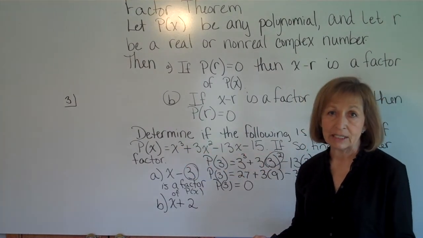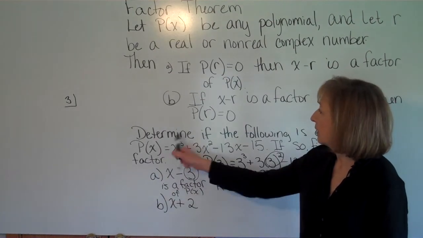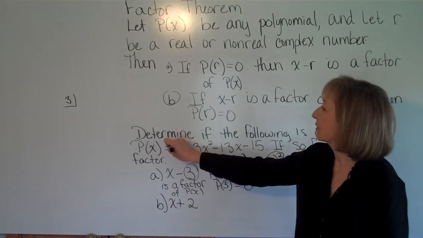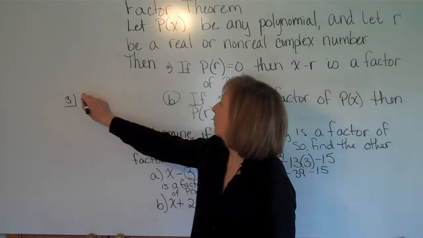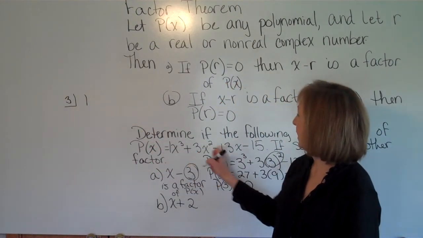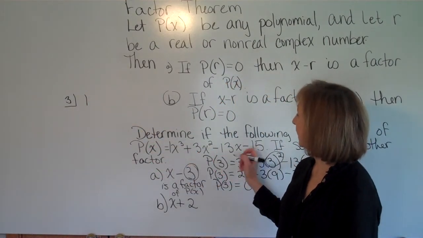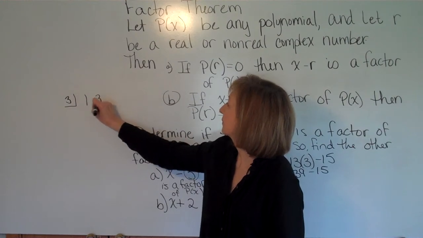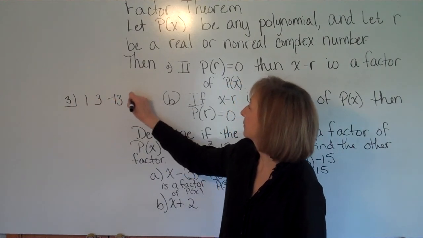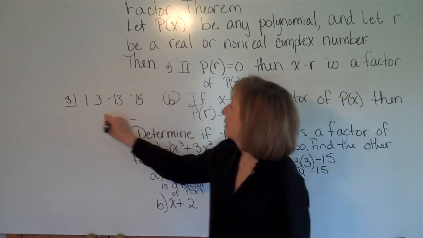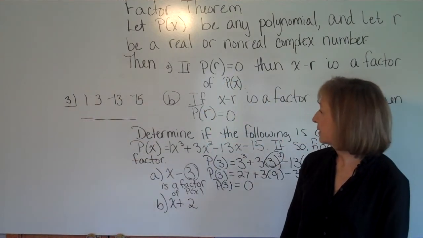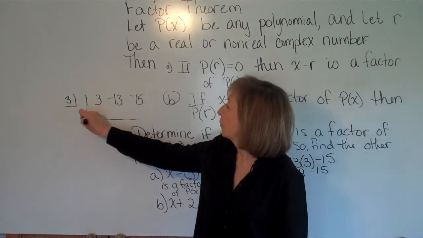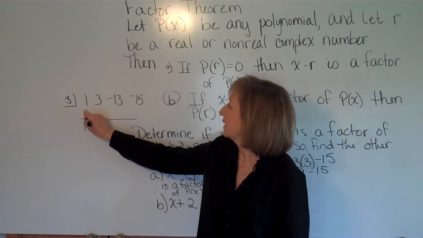I have it in descending order and none of them are skipped. My coefficient in front of x to the third is a 1, so I'll go 1, and then 3, and then negative 13 and negative 15. Go down and draw a horizontal line.